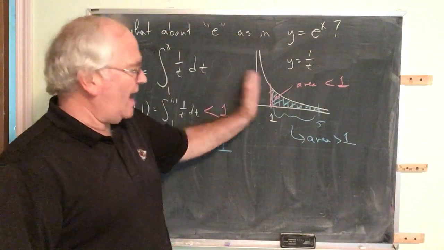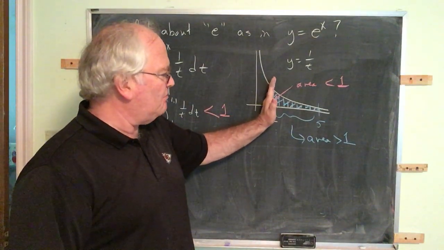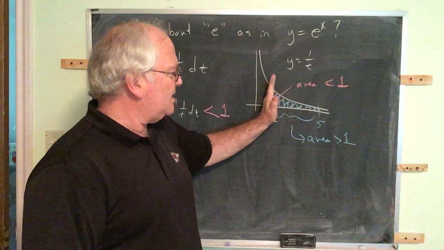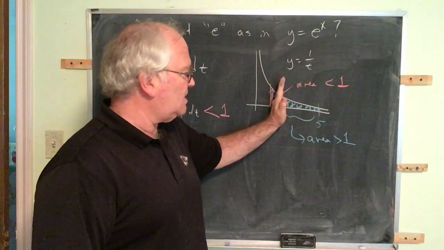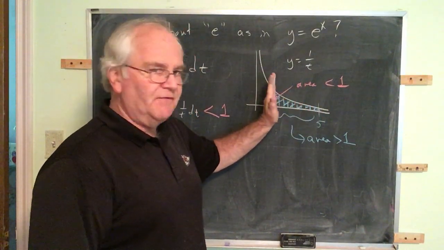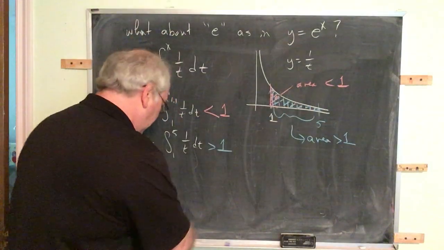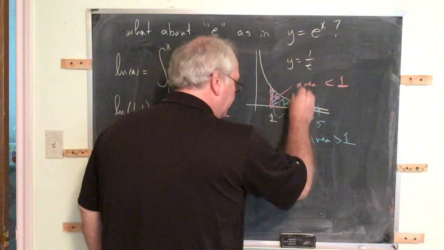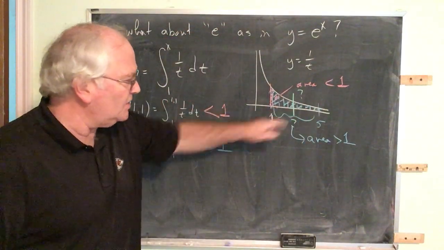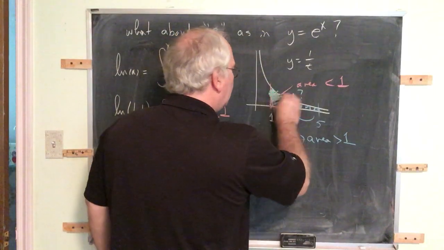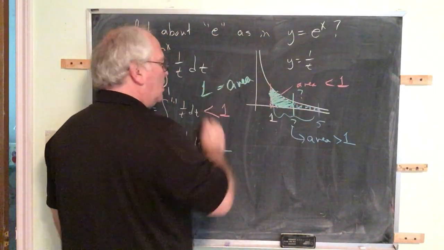So it starts out, actually when x equals 1, it starts at 0. But as it goes, you get more and more and more area. This is less than 1. This is now greater than 1. If this is less than 1 and this is greater than 1, what that means, of course, is somewhere there must be a value where the area is equal to 1.